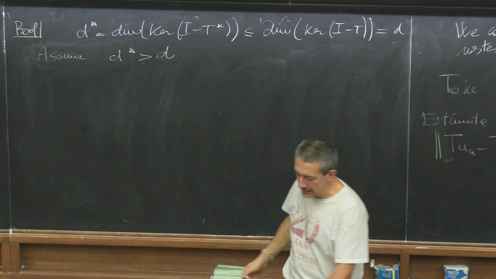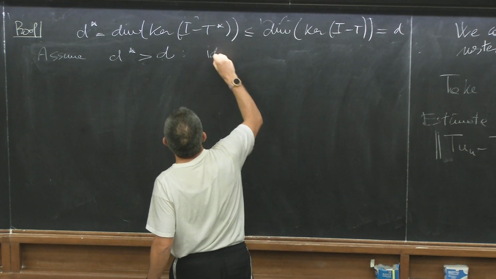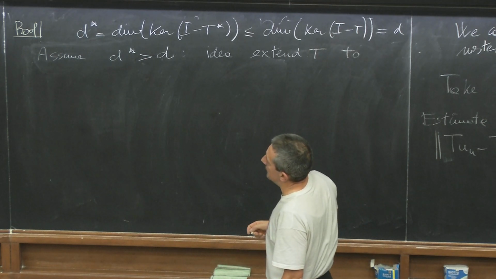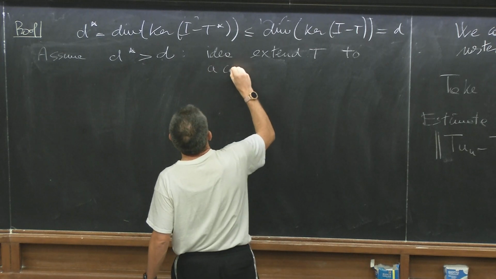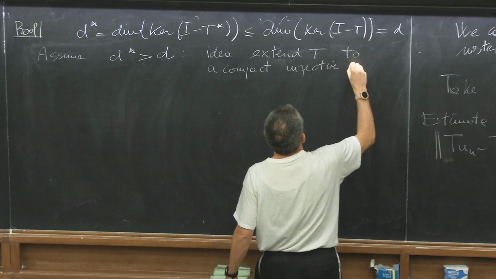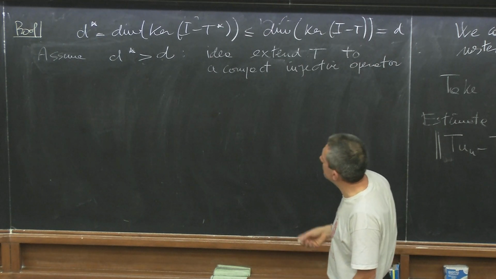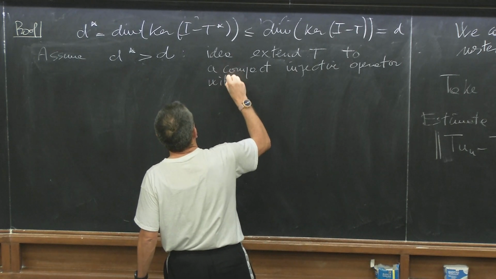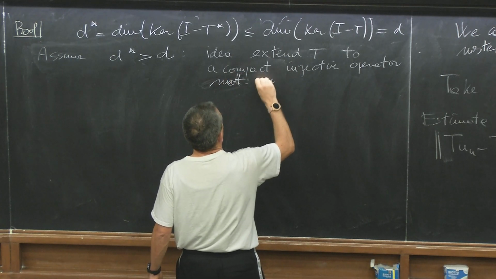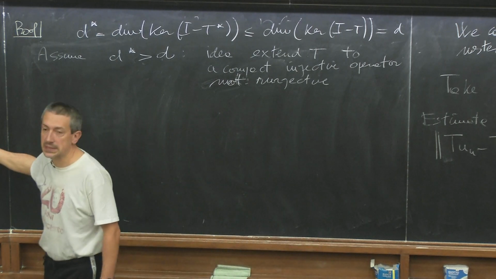The idea here is to extend T to a compact injective operator, in order to deduce that it is not surjective. So I'm going to contradict point C.